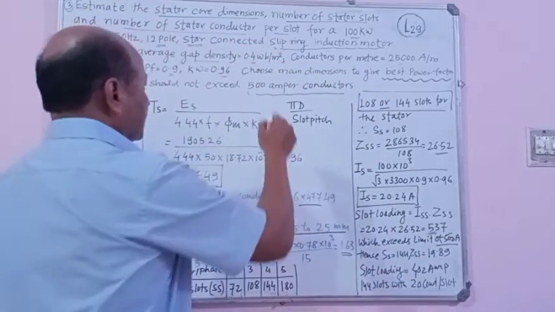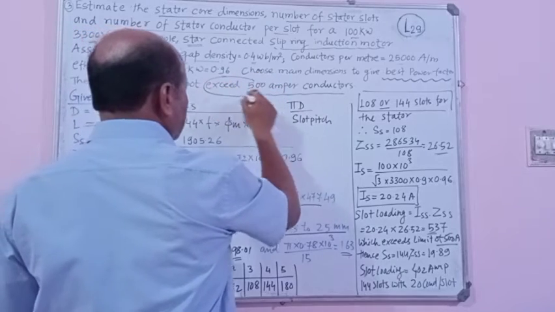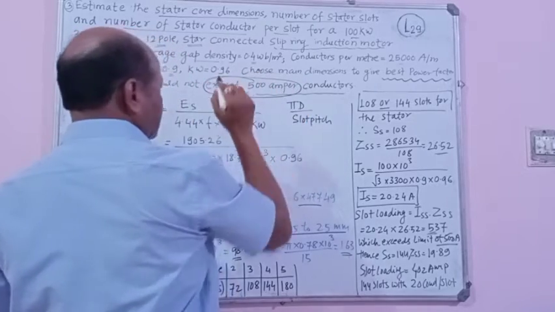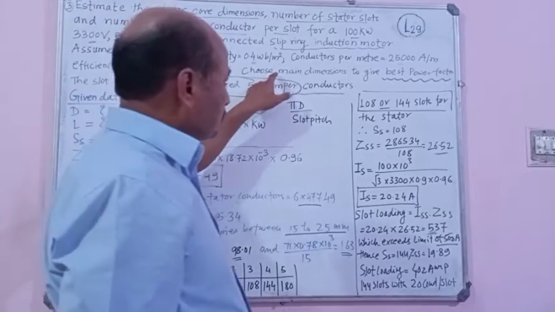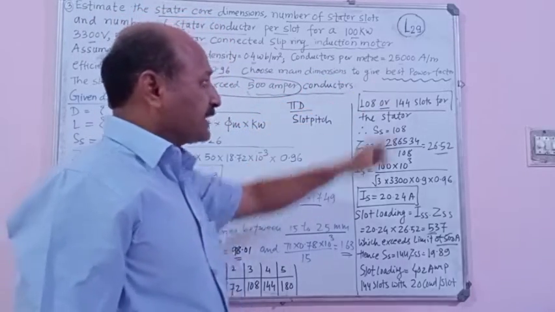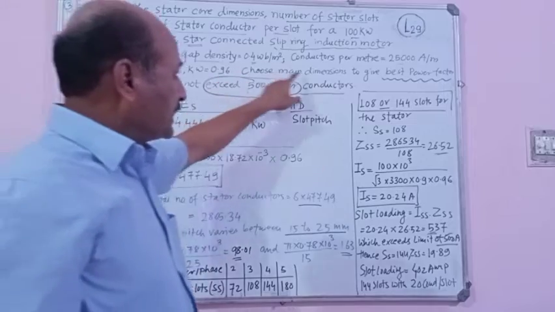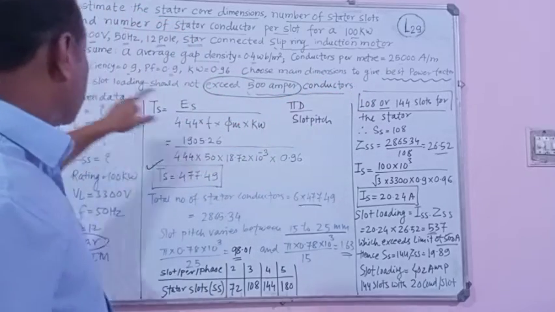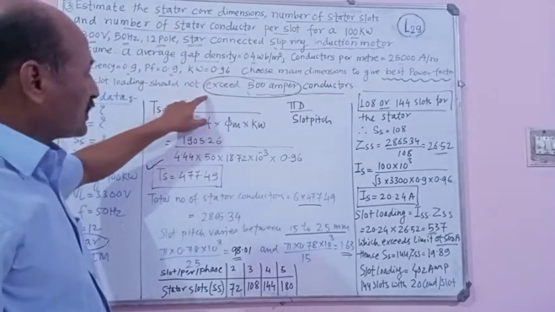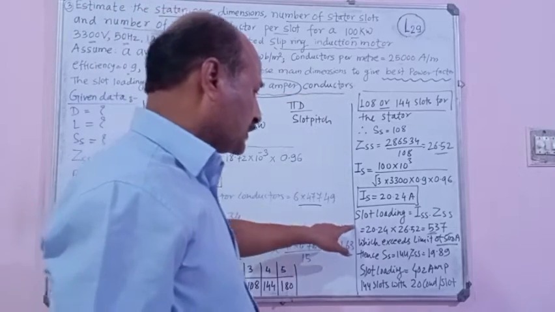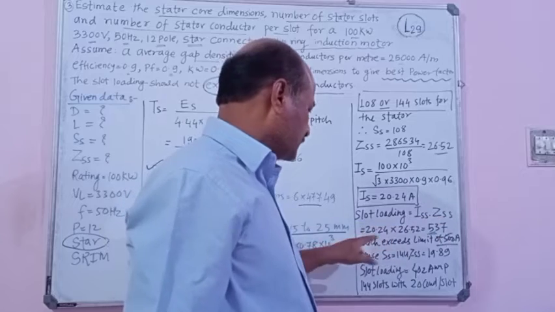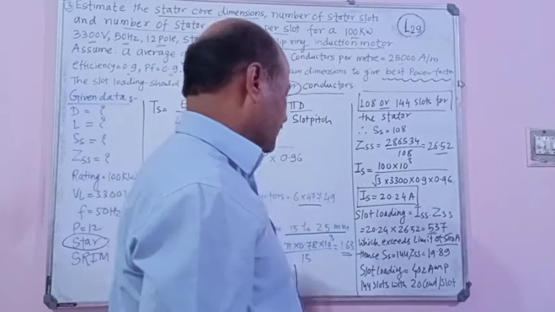And 537 ampere is beyond our limit, because we have to choose the main dimension to give the best power factor. The slot loading should not exceed 500 ampere conductors. So here the slot loading, ISS into ZSS, is beyond the limit of 500 ampere.